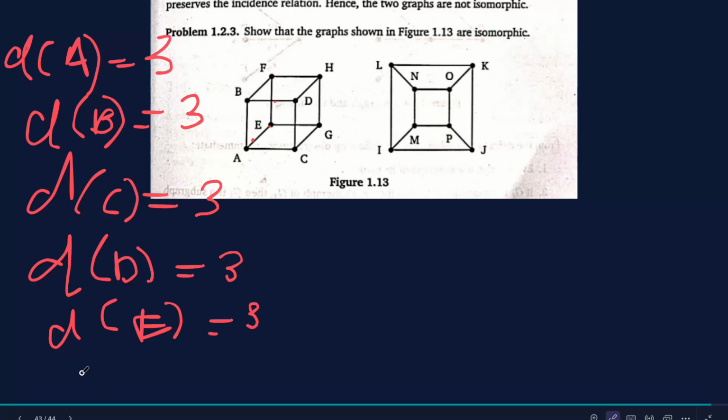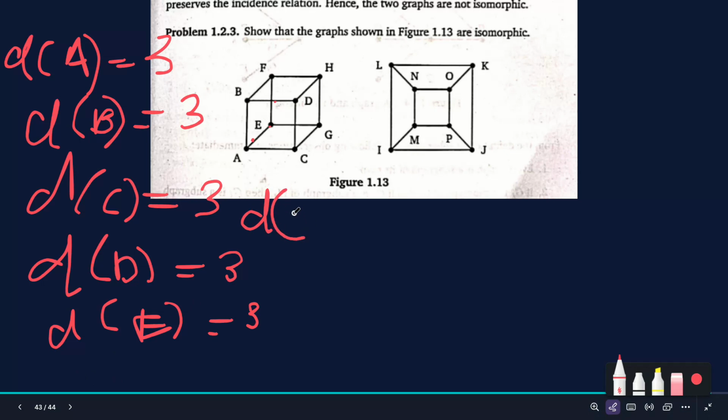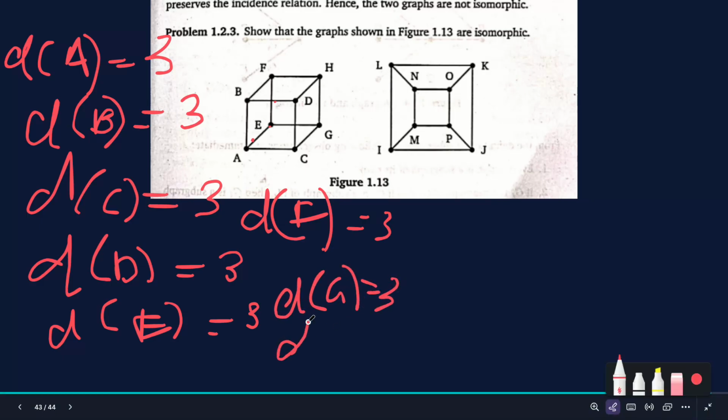Degree of C is 3. Degree of D is 3. Degree of E is 3. F is 3. G is also 3. H is also 3. Everyone has degree 3.